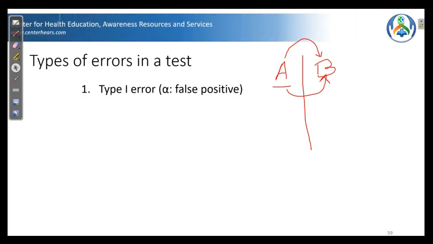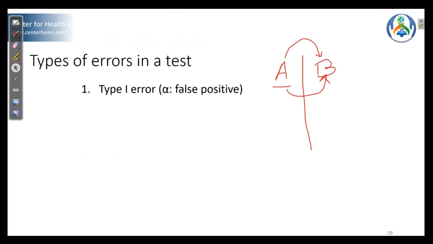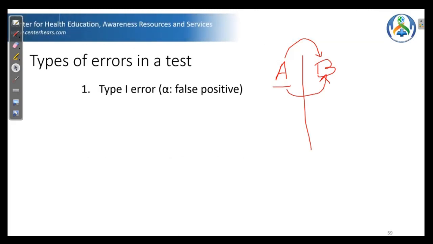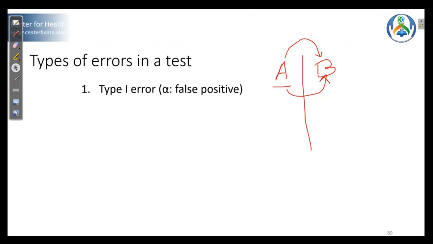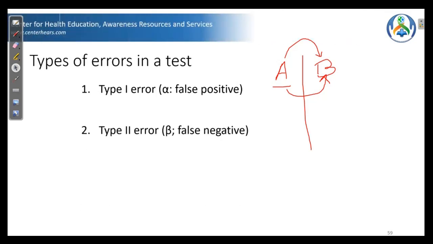It will say yes, those factors are related, or yes, there is a significant difference between those factors, but actually there is not. The other situation can be type 2 error, that is false negative.